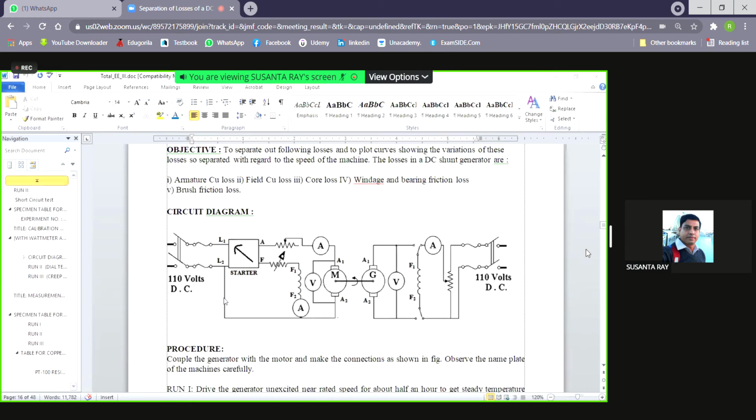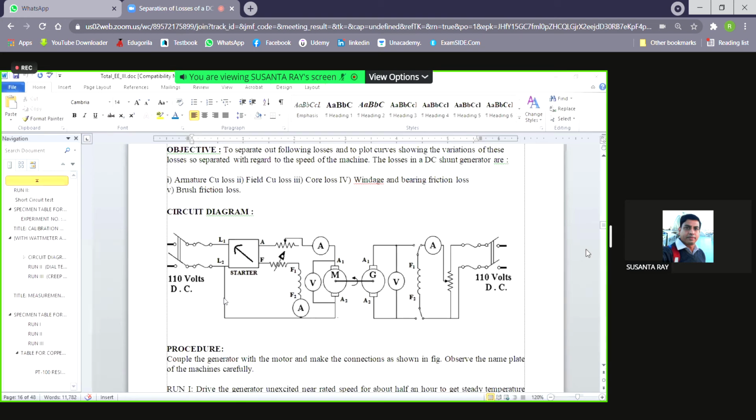Suppose after all these connections are done correctly, the motor is not running. The first thing you have to see is whether there is any problem in the ammeters, whether any range or coil is cut, or any fuse has blown. Because if the ammeter is faulty, your machine may not run.